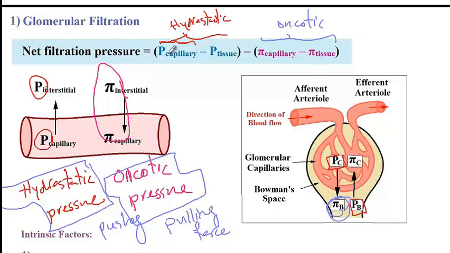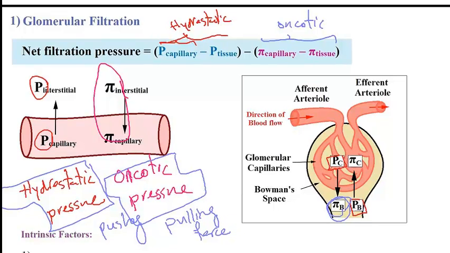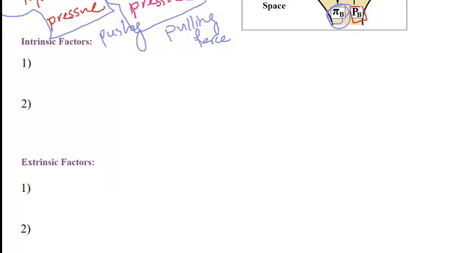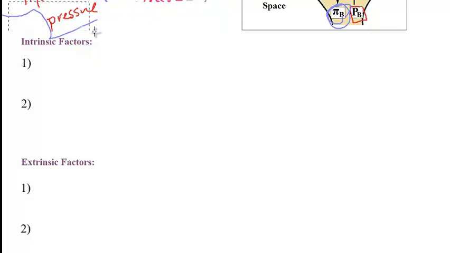It's more understanding of what hydrostatic pressure does, it pushes fluid out, versus what oncotic pressure does. The oncotic pressure pulls fluid towards itself. Okay? Now let's talk about factors that can affect this hydrostatic or oncotic pressure, as a consequence of which the filtration rate can be affected.